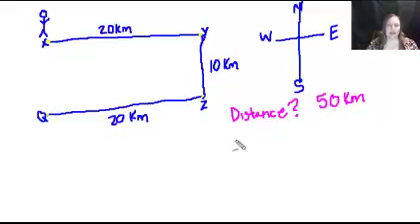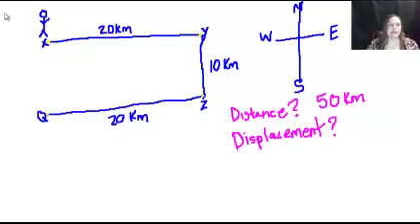And then I want you to tell me, what is the displacement? So if you travel from point X to Y to Z and end up at your final destination of Q, what is the displacement?